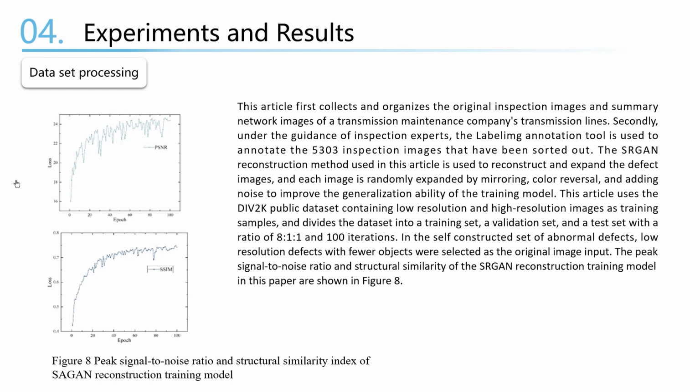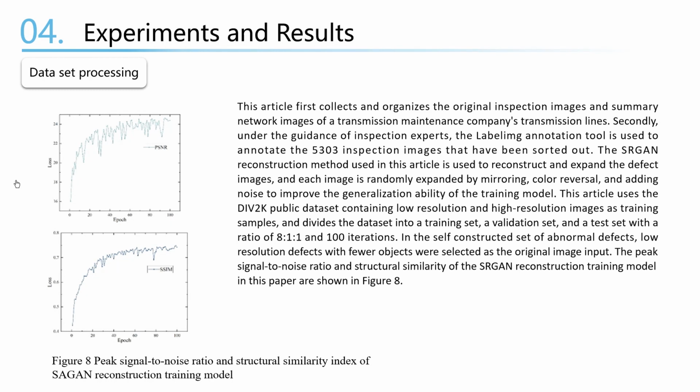This article uses the DIV2K public dataset containing low resolution and high resolution images as training samples, and divides the dataset into a training set, a validation set, and a test set with a ratio of 8:1:1 and 100 iterations.